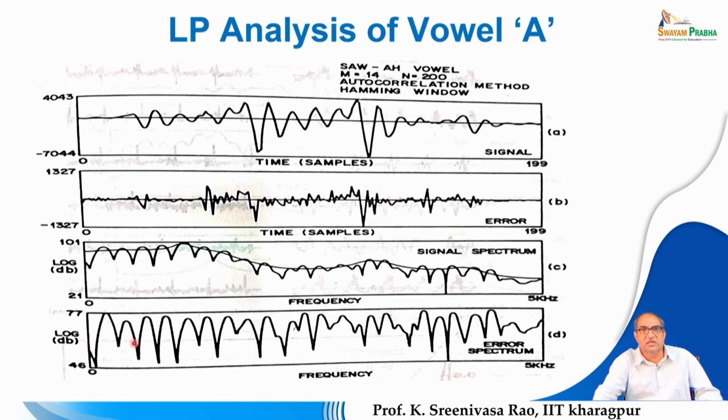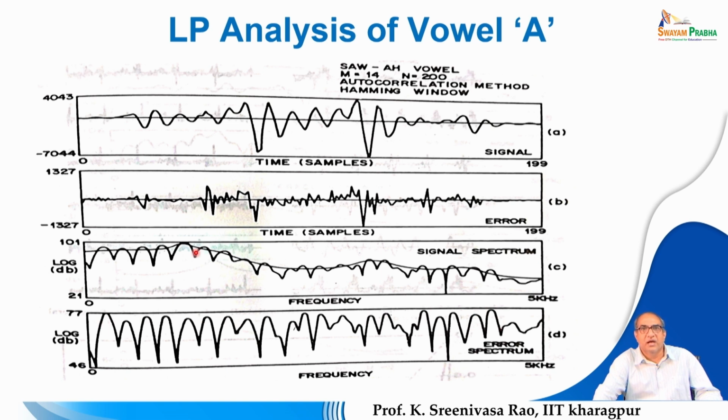So, these ripples are mainly due to the periodicity offered by the vocal folds vibration. And since it is an error signal, the nature of the signal will be noisy, so all the frequencies are present with more or less similar strength, similar energy.